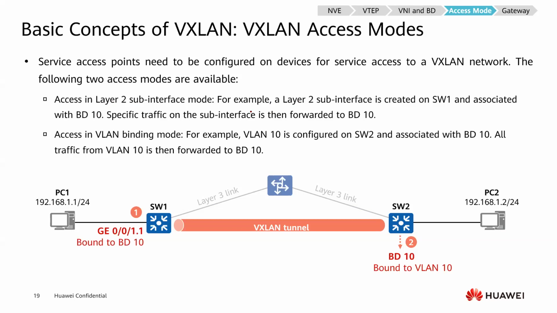For example, inside this VLAN, you can configure on switch 2 and associate it with the BD. It means on this device, you just make a link, an association between BD10 and VLAN 10. So those are the two access modes.